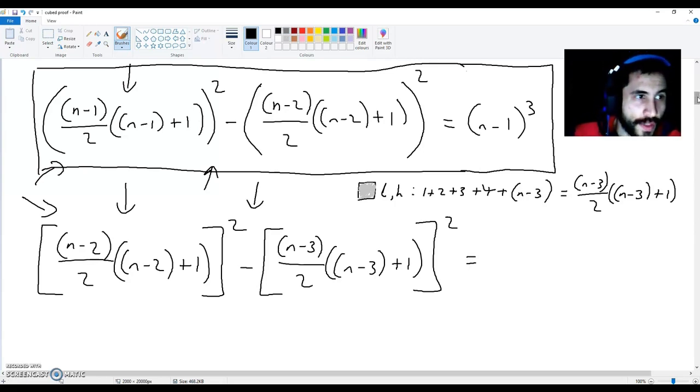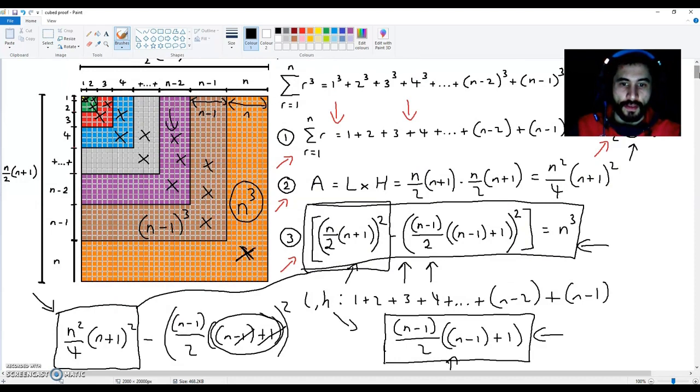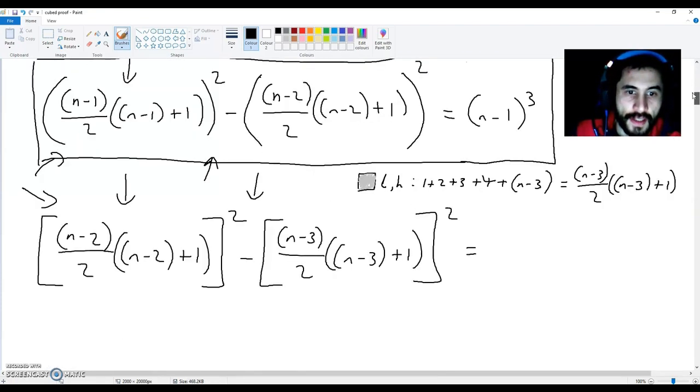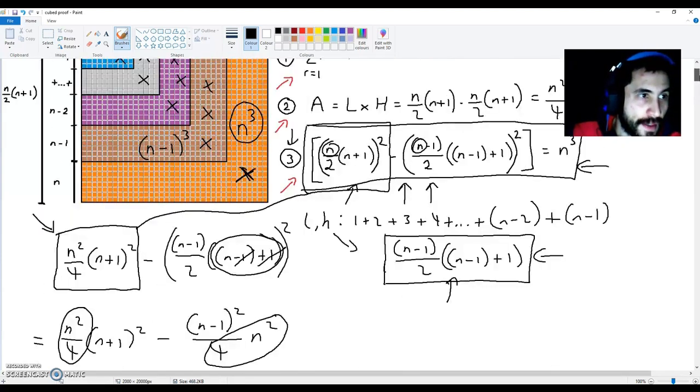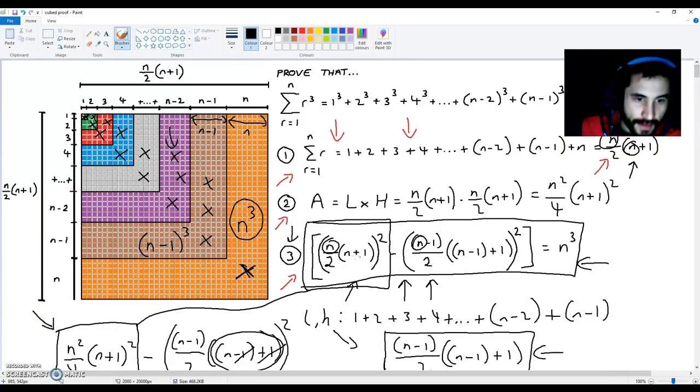Now, what is this expression over here actually going to give us? To find out, we just go to number 3 here, the formula labelled 3, and we replace the n's here with n-2, okay? If we do that, we are going to get (n-2) cubed for this expression down here. We know this because we've plugged n-2 into this formula over here.